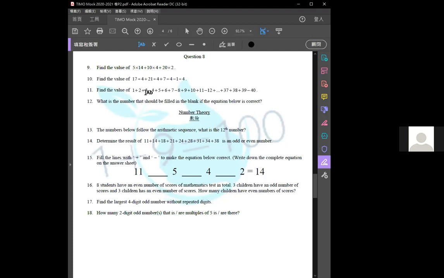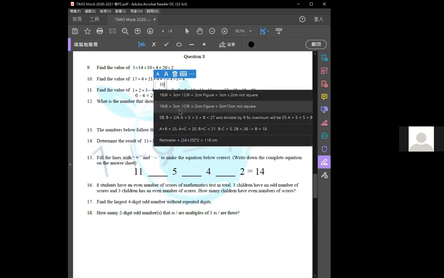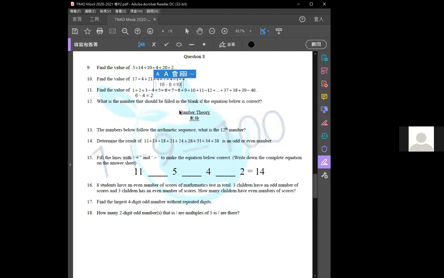So 1 plus 2 plus 3 is 6, and minus 4, it should be 2. Let's write it down just for reference. So this is the first 4 numbers. And then 5 plus 6 plus 7 should be 18, so minus 8 equals 10.